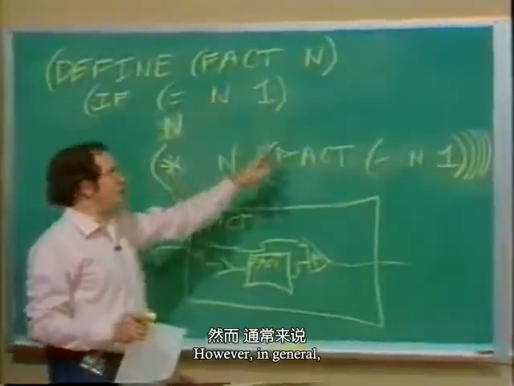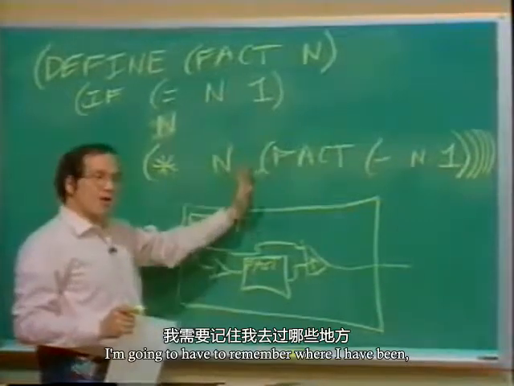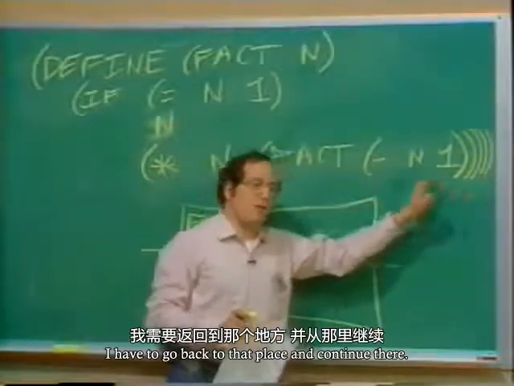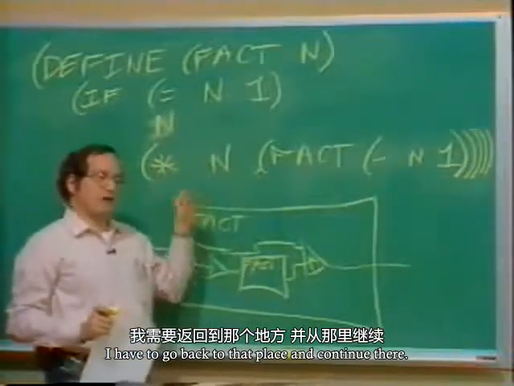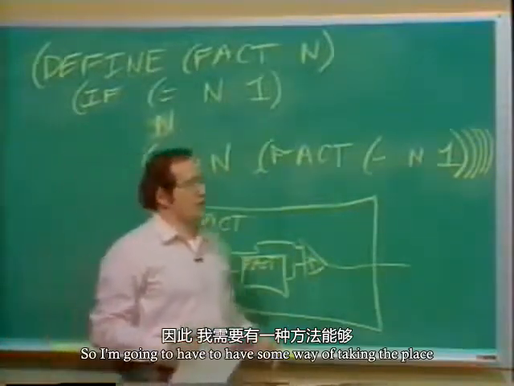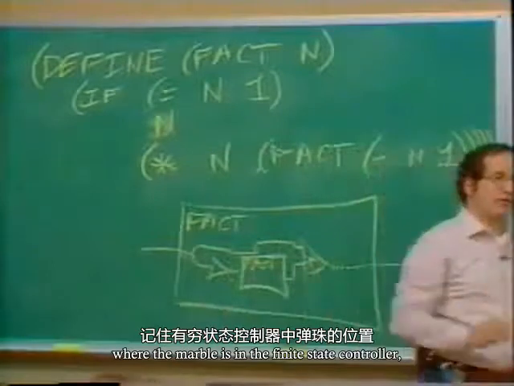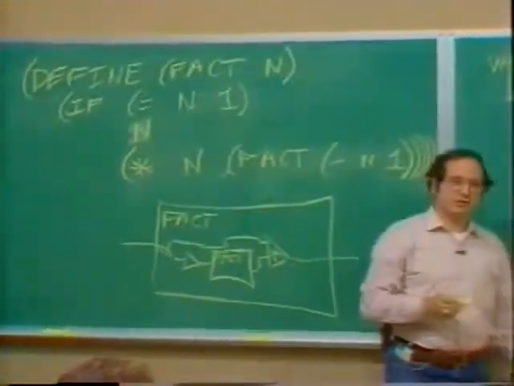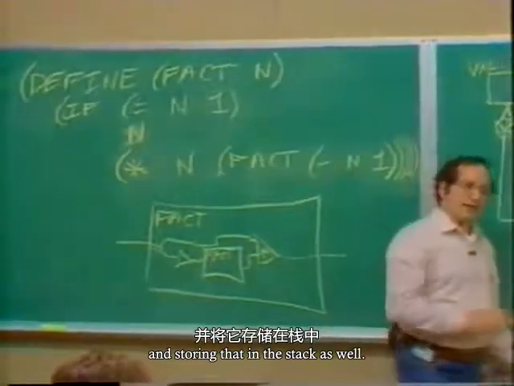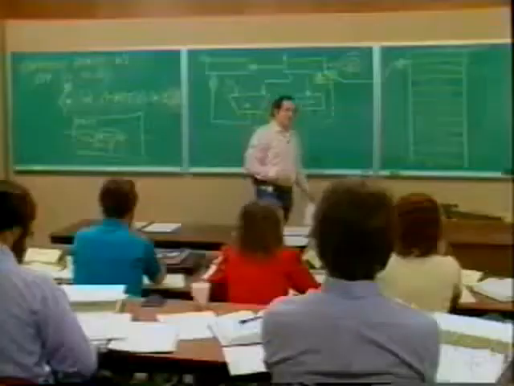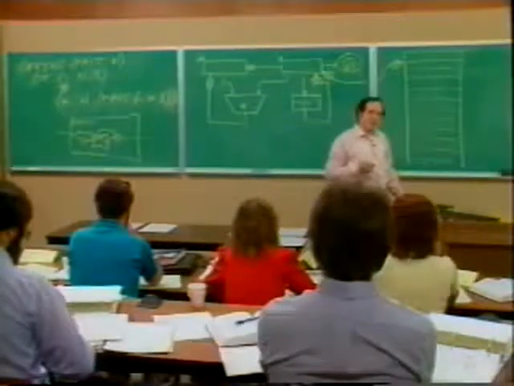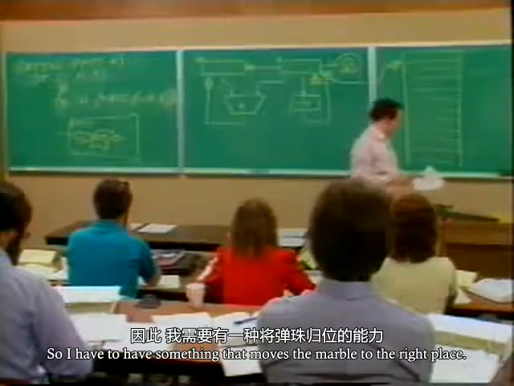However, in general, I'm going to have to remember where I have been, because I might have computed factorial from somewhere else. I have to go back to that place and continue there. So I'm going to have some way of taking the place where the marble is in the finite state controller, the state of the controller, and storing that in the stack as well. And I'm going to have ways of restoring that back to the state of the marble. So I have to have something that moves the marble to the right place.